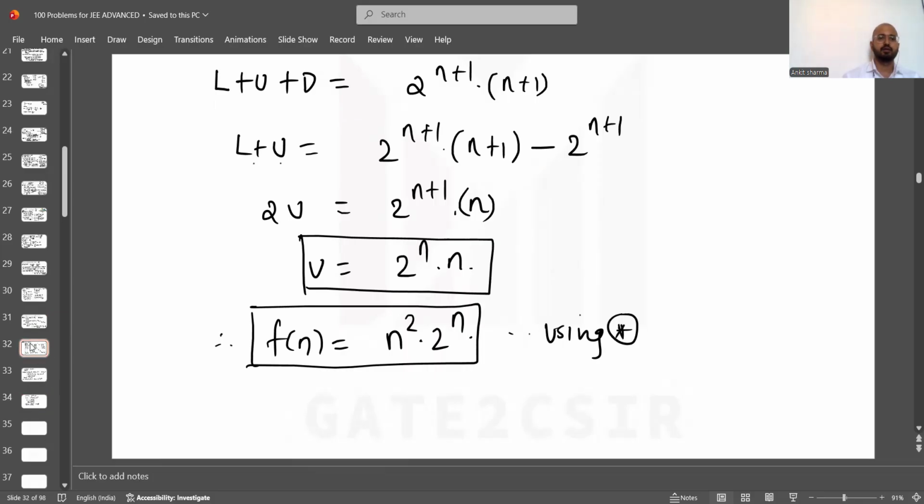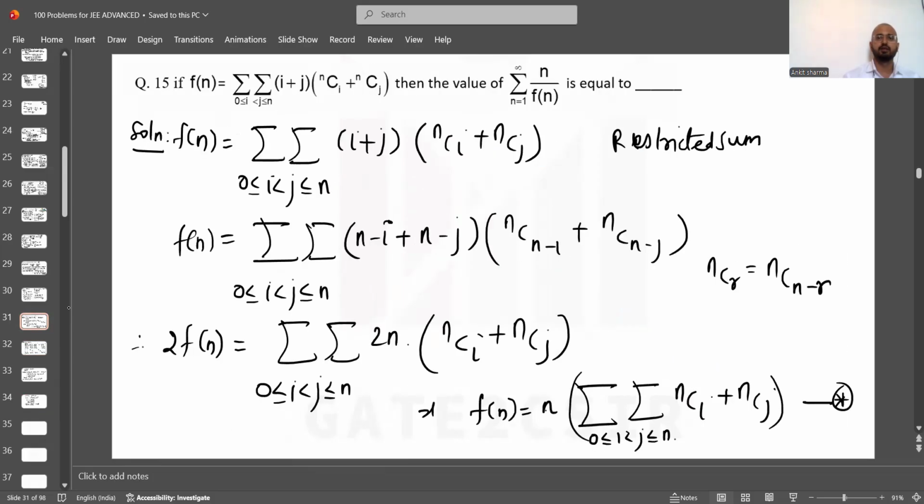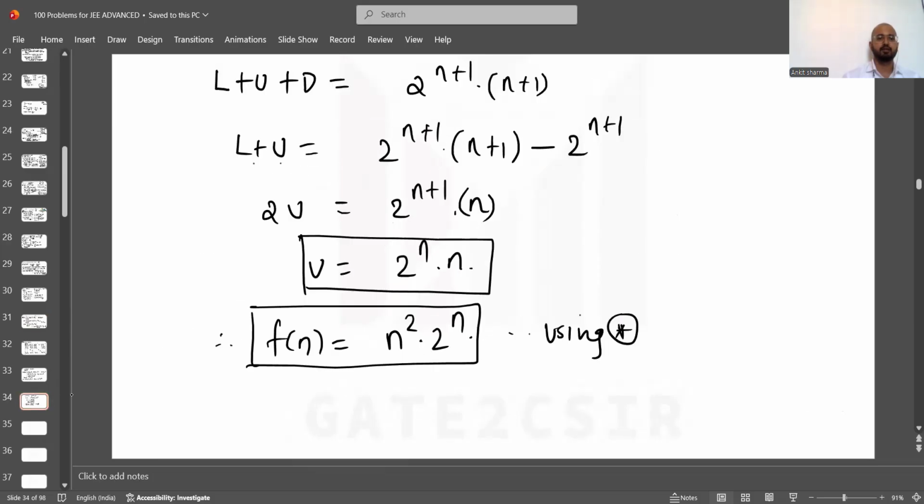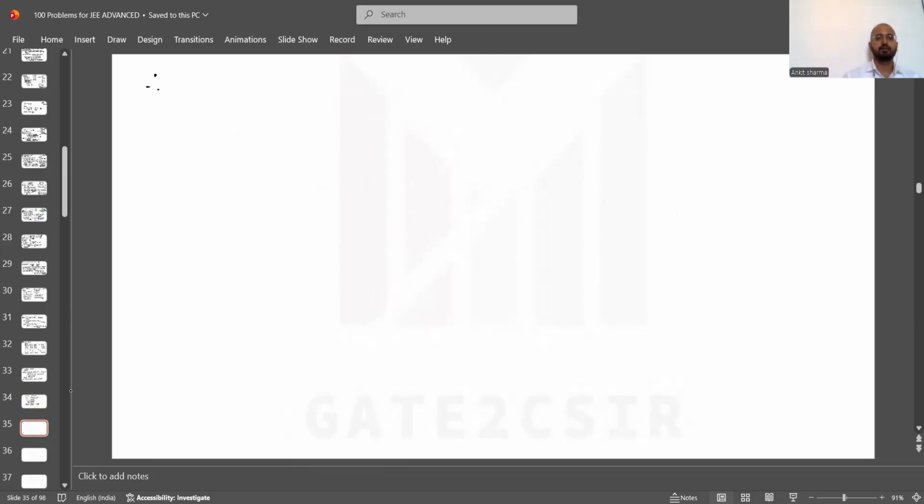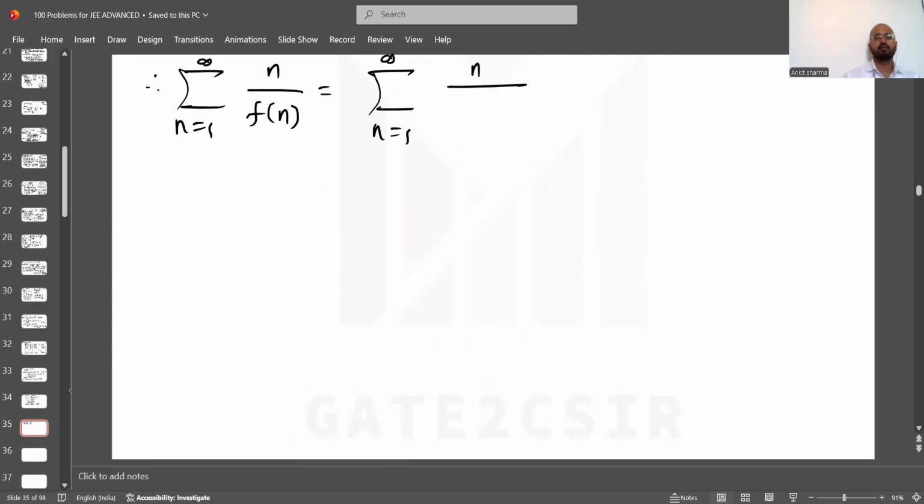Now the next part of the question is to find the sum for n equal to 1 to infinity of n upon f of n. Sigma n equal to 1 to infinity n over f of n is n over n square into 2 to the power n, so this gets cancelled.